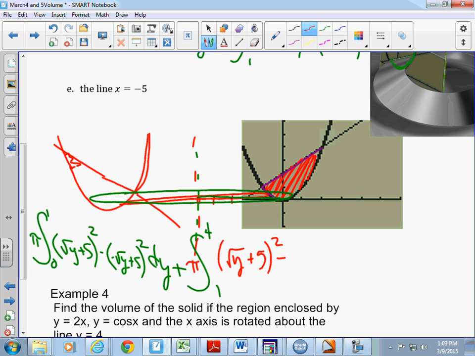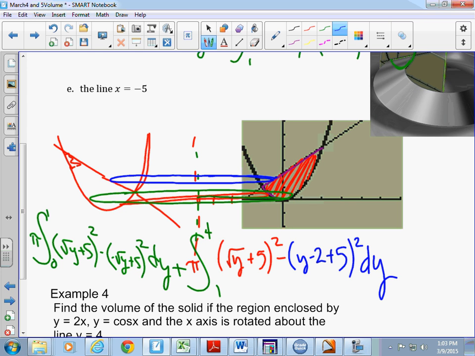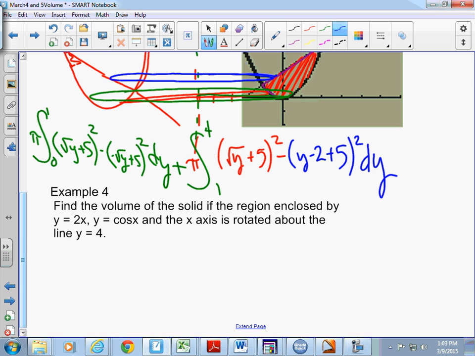But now the inside curve, I'll do blue this time, is now the right-hand piece. Questions about that one? Pretty yucky, I know. There would not be a lot of them.